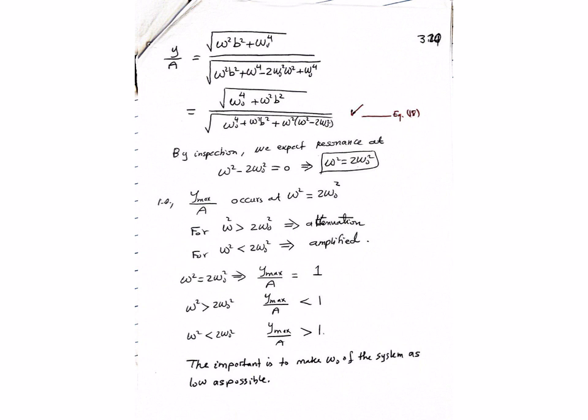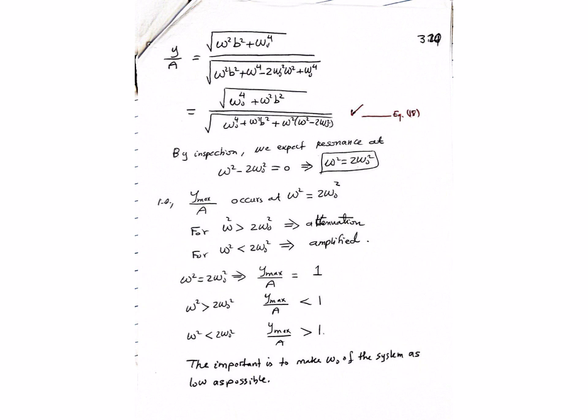Now the maximum of this, by inspection, because it takes a lot of steps to find this maximum, occurs at omega squared equal twice omega 0 squared. Omega 0 squared is the square of the frequency of the free oscillation.